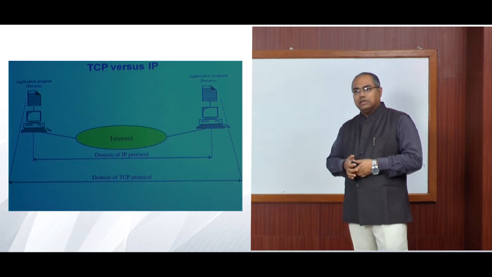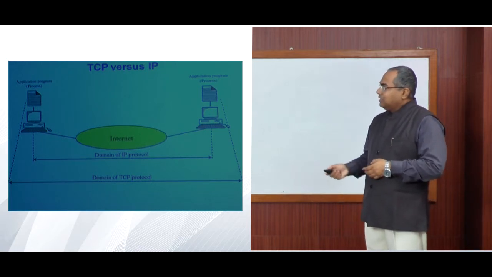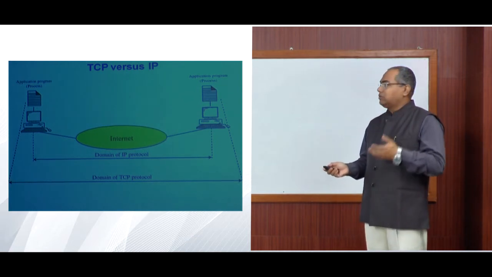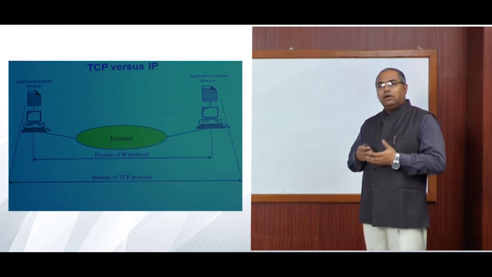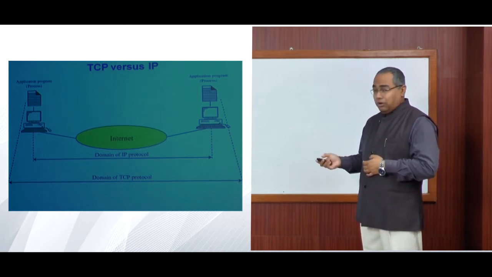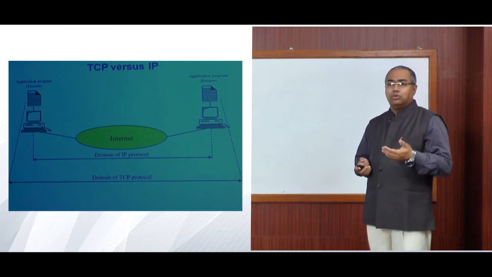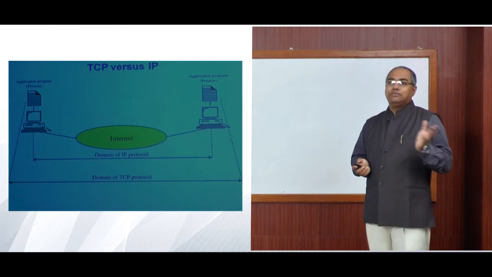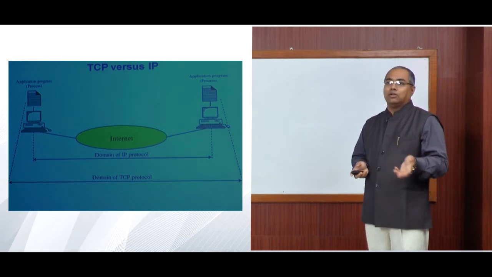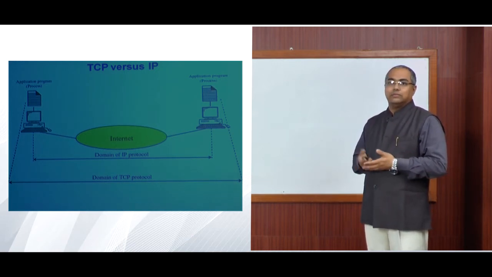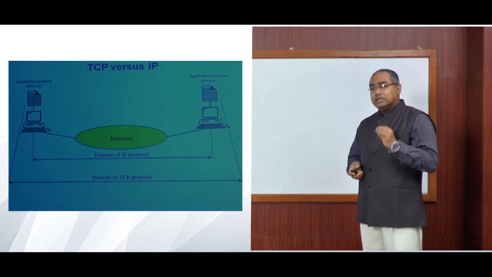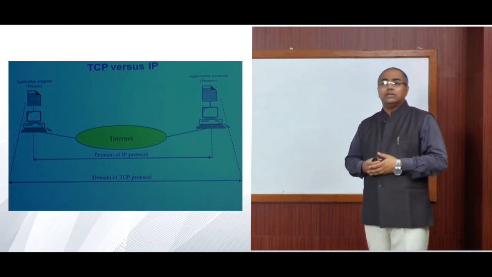If I am sending a request for a copy of the Google homepage from my Chrome process, we all take it for granted that the response, the copy of the Google homepage, will come back to my Chrome process only, and it will not go to, say, Notepad or Microsoft Word, those other processes. So this particular delivery is the responsibility of the TCP protocol.